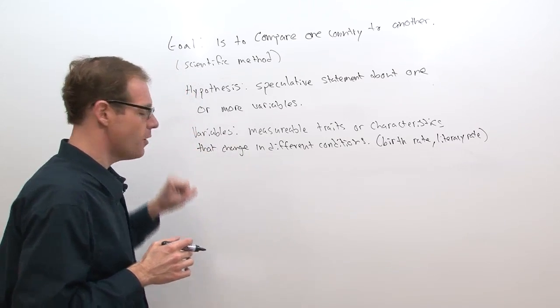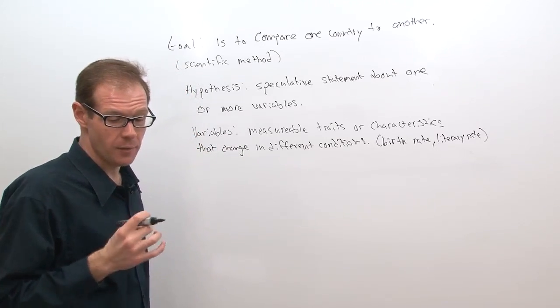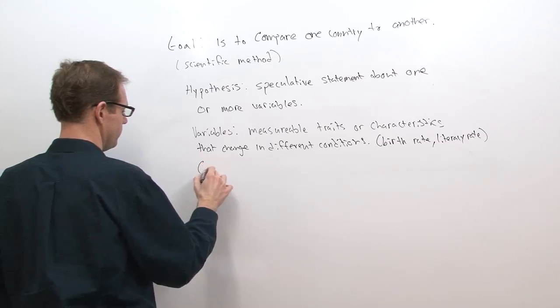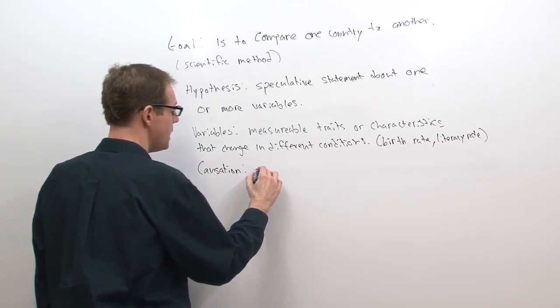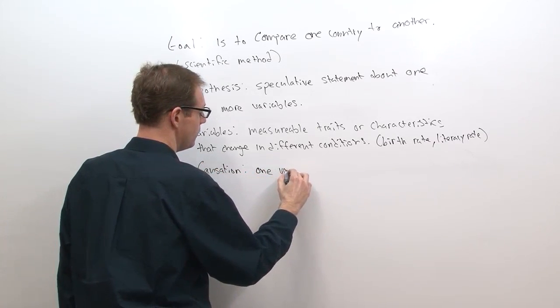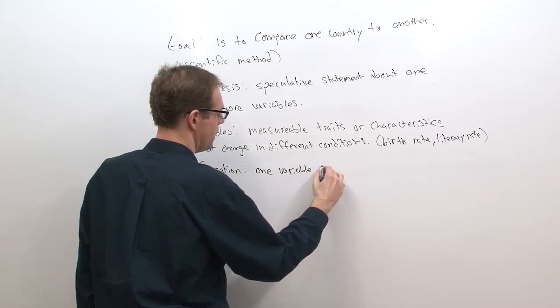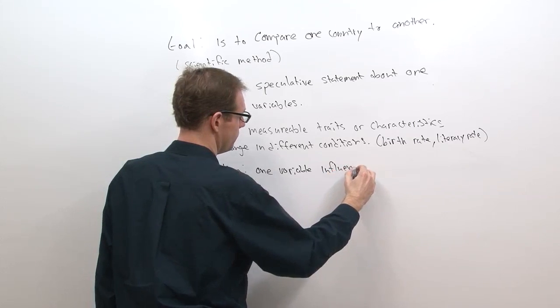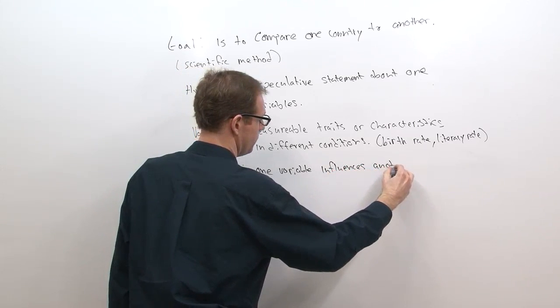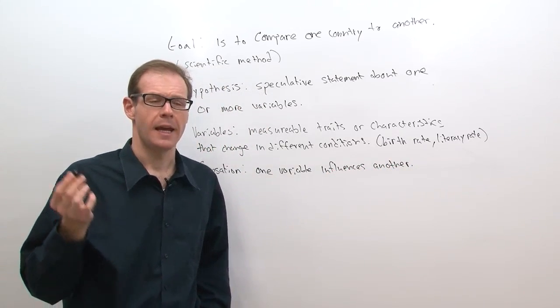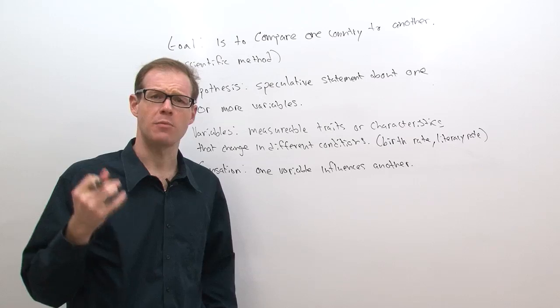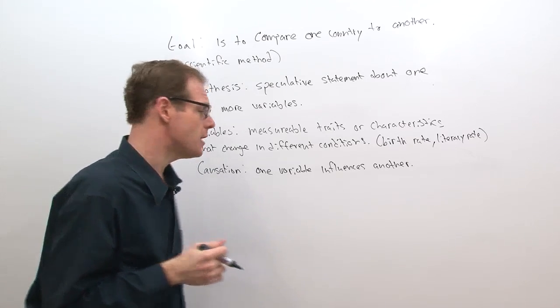So those are variables. Our next element will be causation, which is the idea that one variable influences another. That is causation. Now, to understand causation, we need to break down variables. There's really two different types.